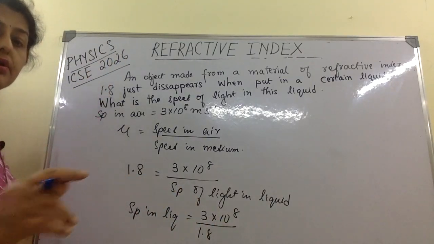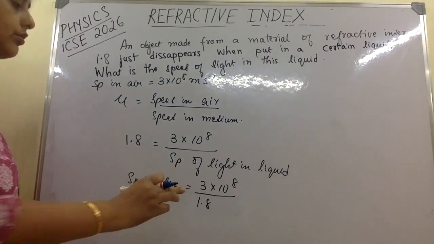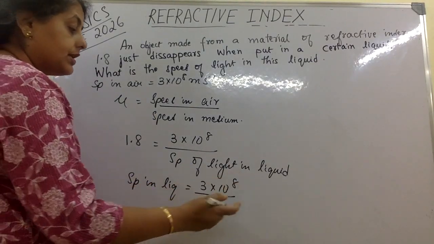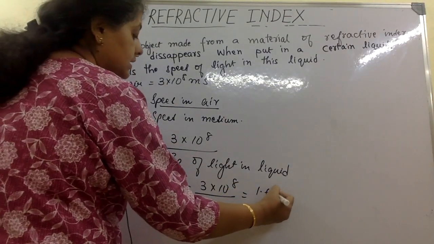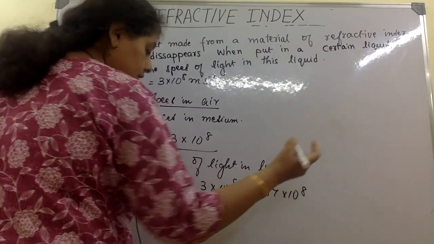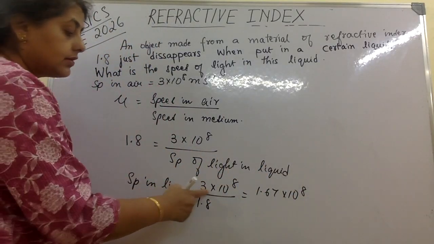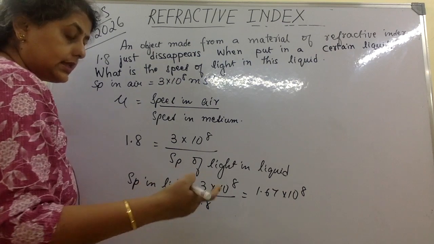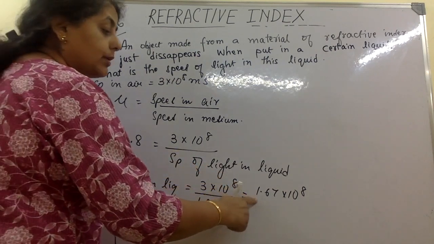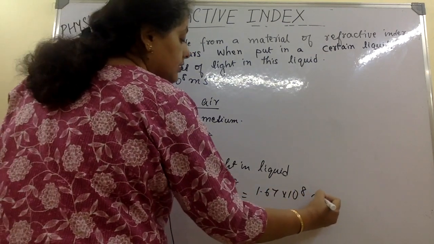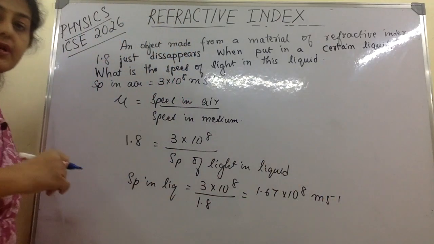All you have to do here is 3 by 1.8, and that comes to 1.67 into 10 to the power 8. How do you do this? Make it 30, make it 18, then cancel it. So 1.67 into 10 to the power 8 meters per second is our required speed.